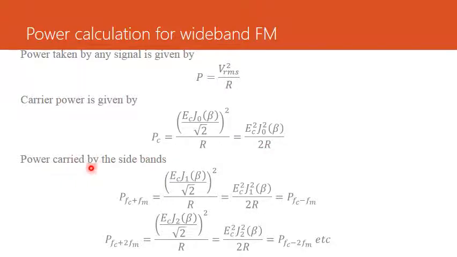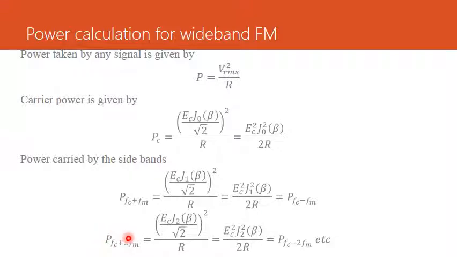Similarly, the power carried by the sidebands can be written as P of Fc plus Fm. The sideband at Fc plus Fm is given as Ec into J1 of beta divided by root 2 the whole square divided by R, which is equal to Ec square into J1 square of beta divided by 2R.